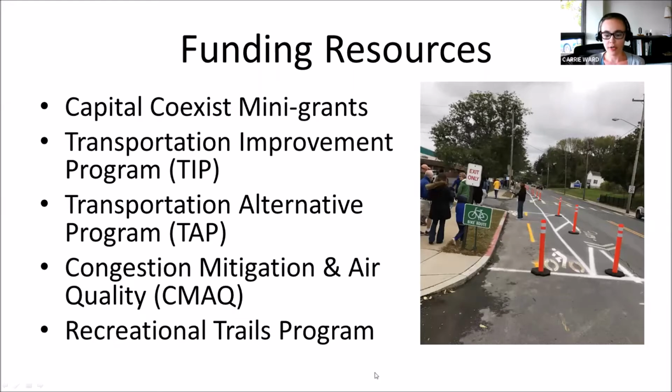The Recreational Trails program provides funds to develop and maintain recreational trails and trail-related facilities for both non-motorized and motorized recreational trail uses. That program is administered by the Office of Parks, Recreation, and Historic Preservation, and I just looked that up, and it looks like the solicitation for that just passed.